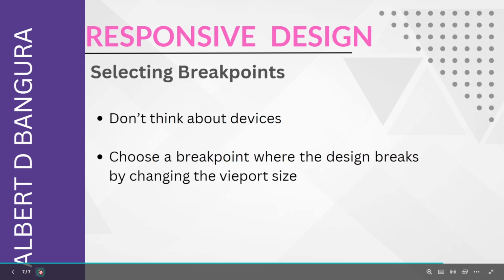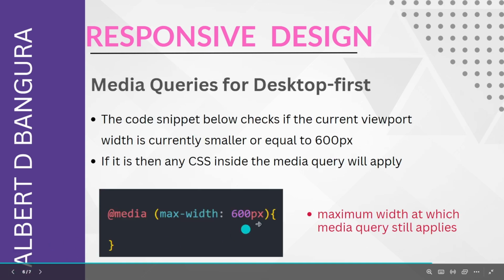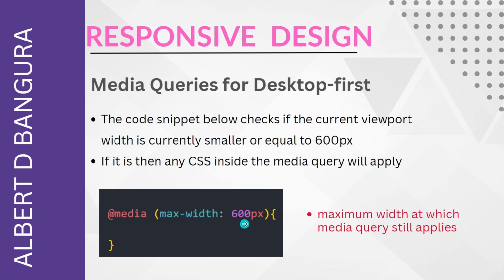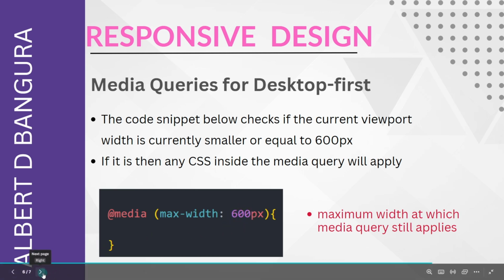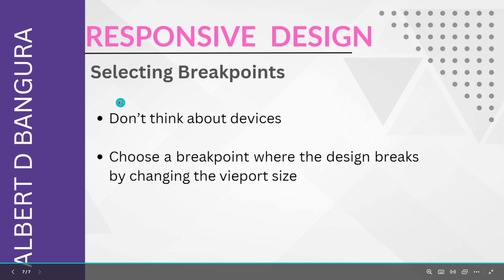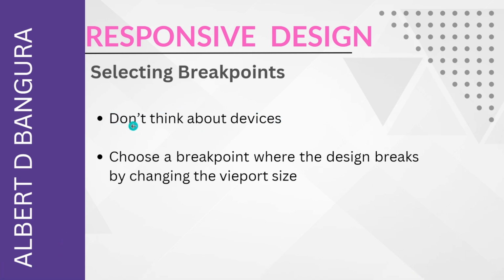To be able to write a media query, as you saw here, you need a size in pixels. So how do we get this size? You need to select what is known as a breakpoint. In selecting that breakpoint, the good way is not to think about devices, because as you know, there are too many devices these days.